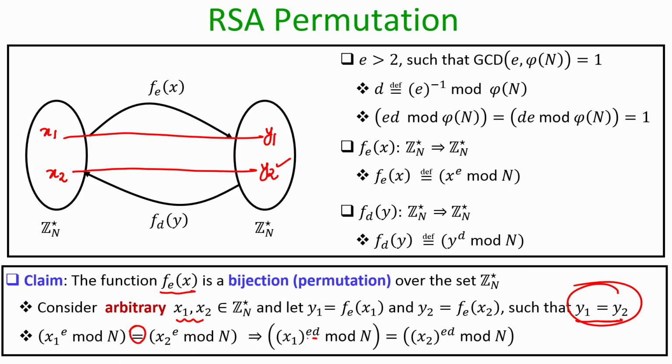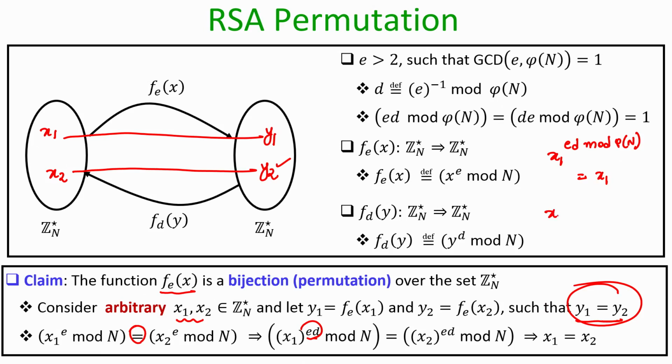Now, what can I say about x 1 power e d modulo n? In the exponent, I can reduce e d modulo phi of n, and e d modulo phi of n will be 1. So, it will give me x 1 only, because x 1 is an element of Z_n star, so it is strictly less than n.